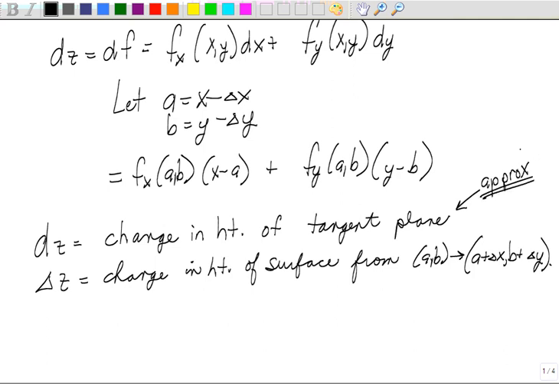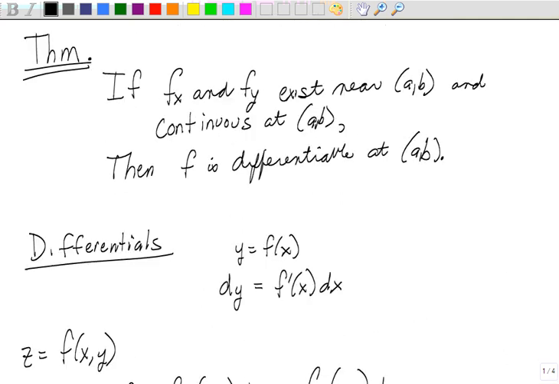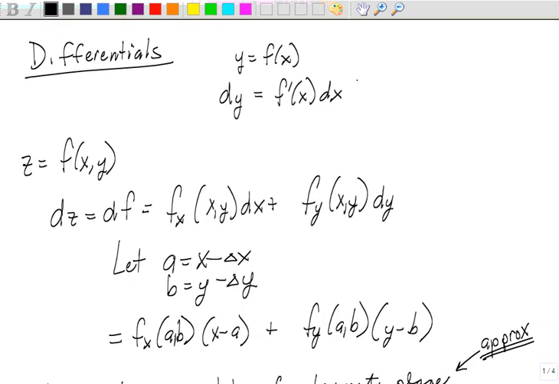Remember, if you're just in the two-dimensional case, let's go back, dy is the change in the tangent line. So if you have this curve, tangent, let me make a better picture. Okay, the change from here to the actual curve is delta y.